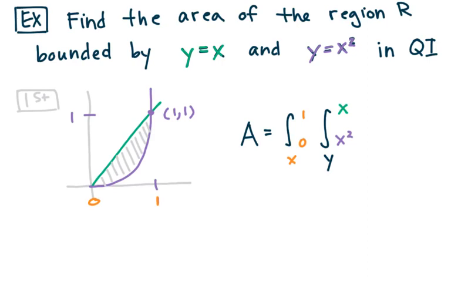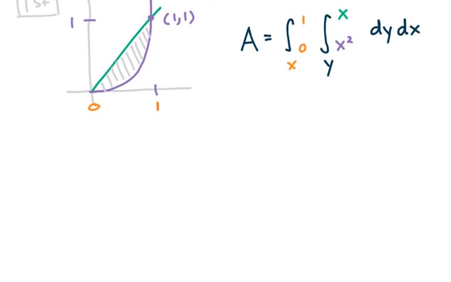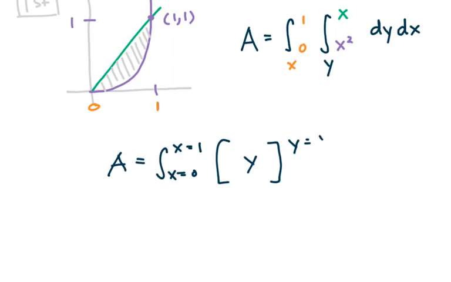Now, if we integrate this, this would be dy dx. So the first thing we will do is integrate 1 with respect to y, and that gives us area equals the integral from x equals 0 to x equals 1 of y. We need to evaluate that from y equals x squared to y equals x, and then we will integrate again with respect to x.